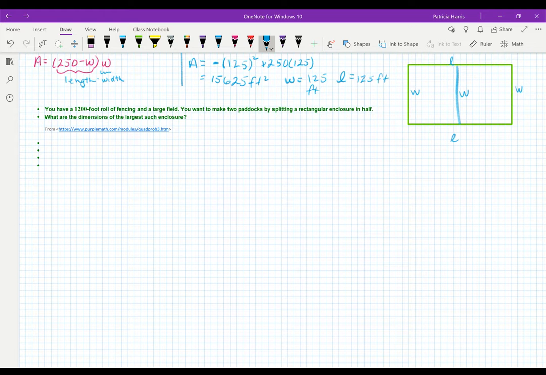So the actual perimeter of the outside of our fence is going to be 1,200, 2W plus 2L. Okay, so this is the outside.